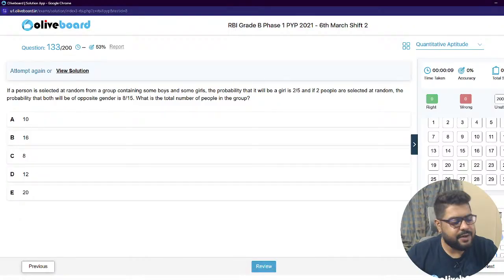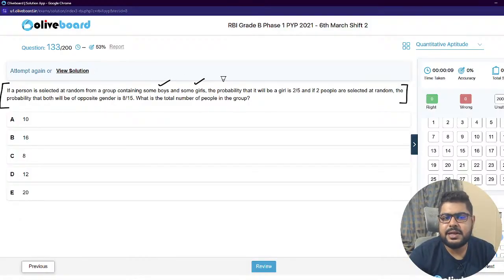Sir, a question from probability, typical RBI, sir. They will ask you questions from probability, right? At least one question you will definitely get. If a person is selected at random from a group containing some boys and some girls, the probability of it being a girl is 2 by 5. So good, sir.